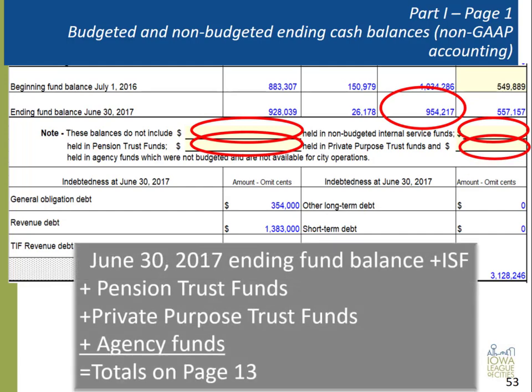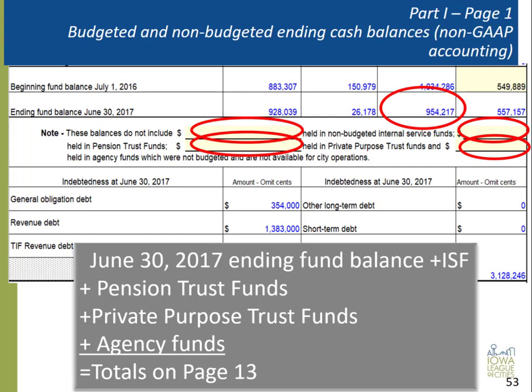And finally, on this last line, you're going to report any agency funds that are not budgeted and not available for city operations. The total of those 4 lines, your ending fund balance plus your internal service fund, your pension trust fund, your private purpose trust funds, and your agency funds are going to equal a total on page 13.